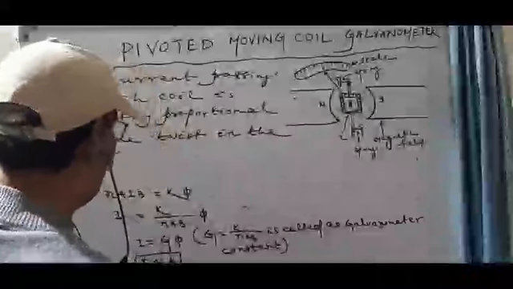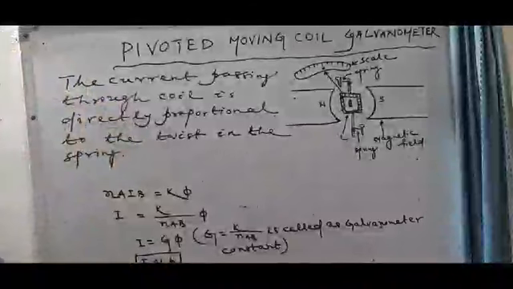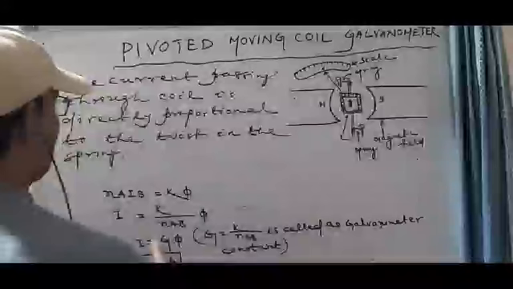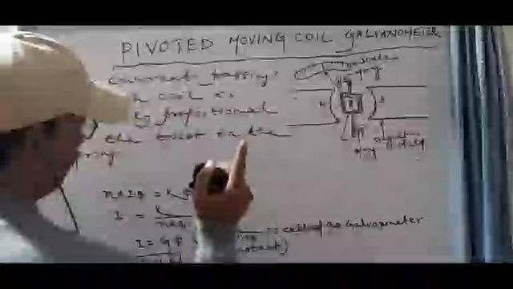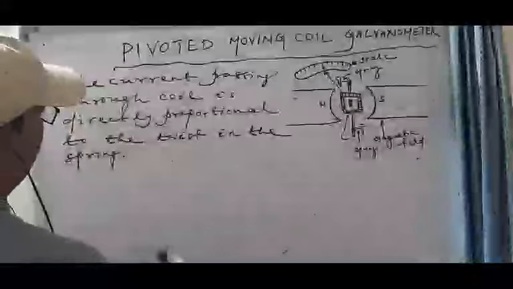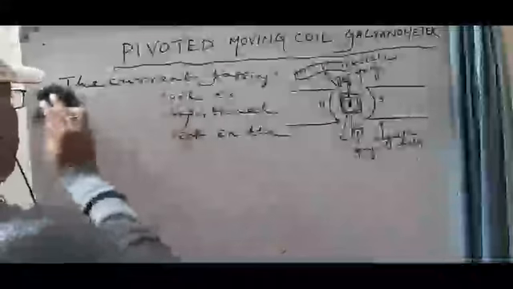Okay, so this is the relation between the current and the twisting in the spring, and twisting is related to the restoring torque in the system. Okay, so now we found that the current is directly proportional to phi.